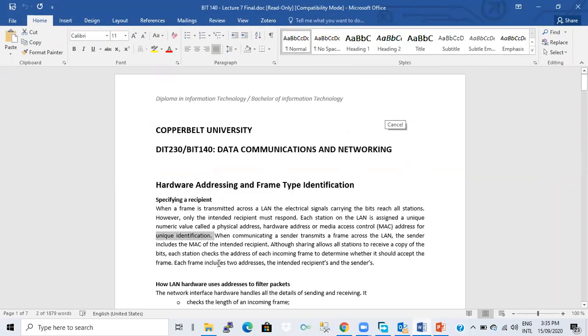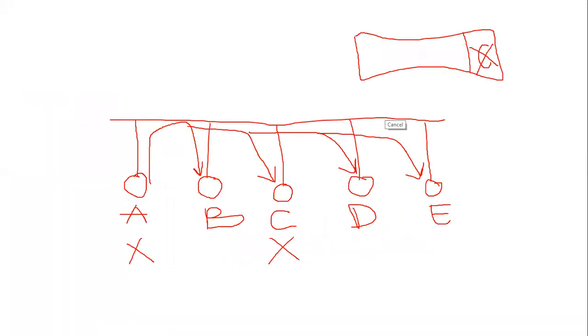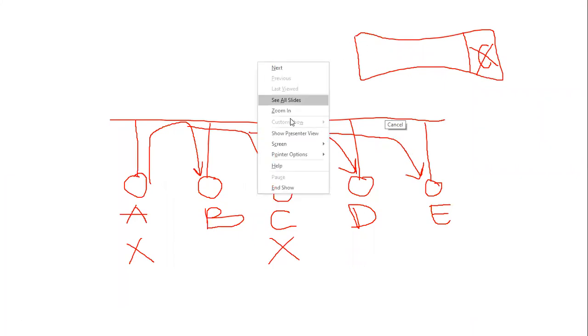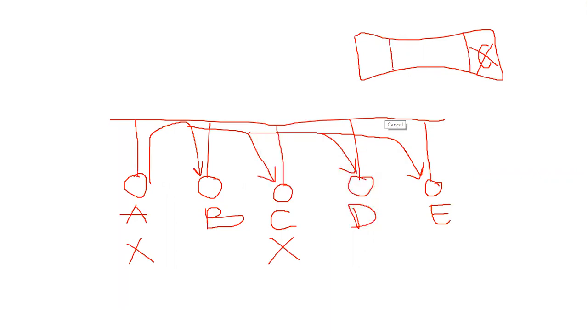So each frame includes two addresses, the intended recipient's address as well as the sender's. Remember, a frame is found at the data link layer. So we are saying each frame will have two addresses. One address is for the sender, the actual machine that is sending.